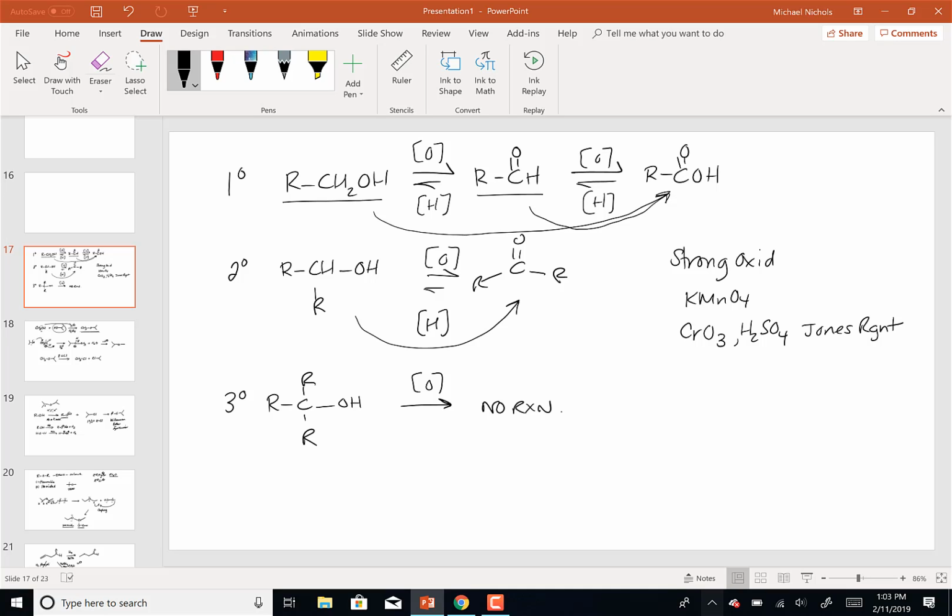If you dissolve chromium trioxide, you can have potassium dichromate is another oxidizer. And then, for instance, aldehydes will undergo this reaction to a carboxylic acid with just oxygen.